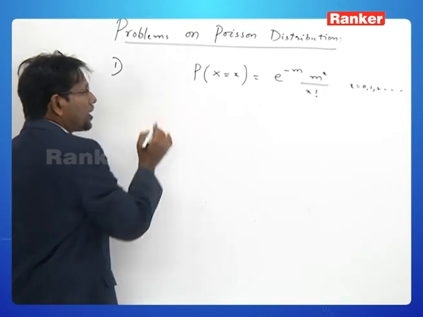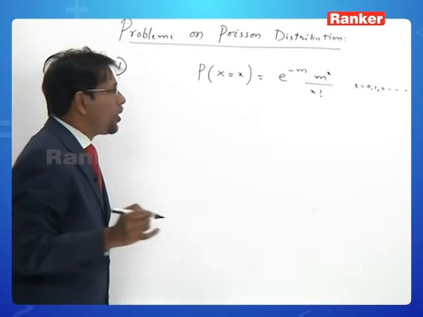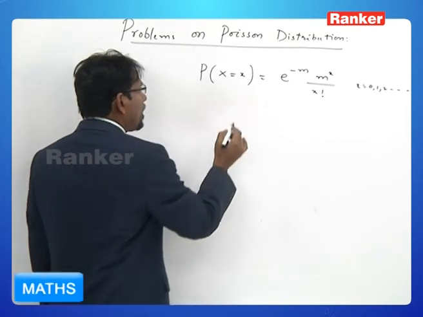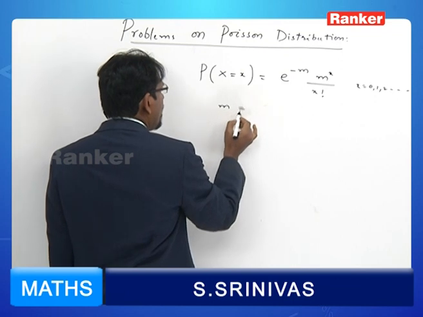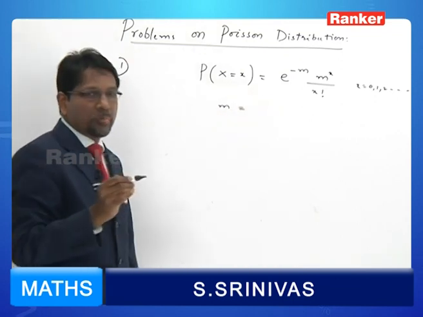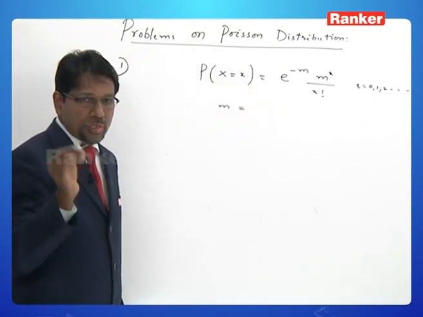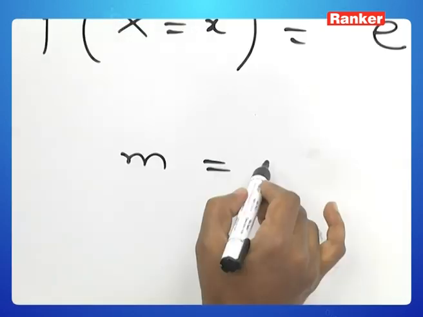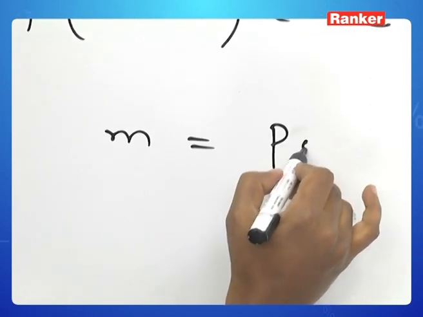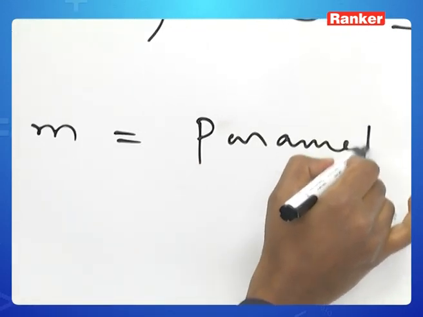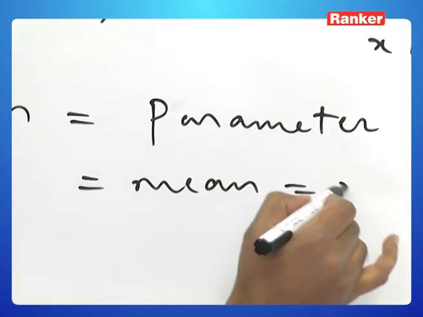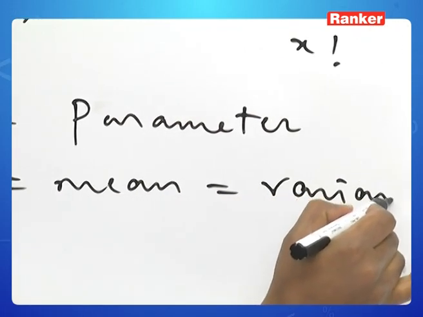This is the probability mass function corresponding to a Poisson distribution. Here m is the variance that is given. Variance is also equal to the parameter value in a Poisson distribution. This we have learnt earlier. So m is the parameter value, which is also the mean, and that is equal to the variance in a Poisson distribution. All of them are equal.